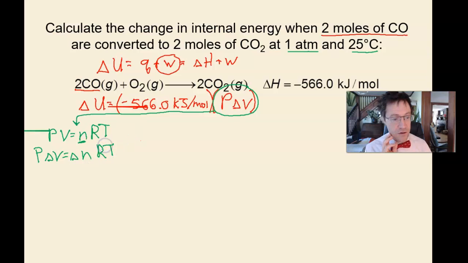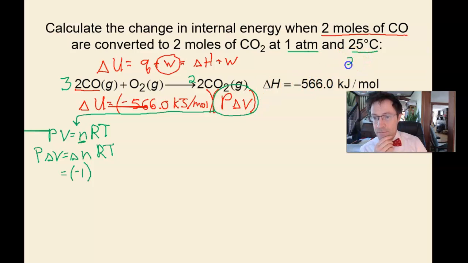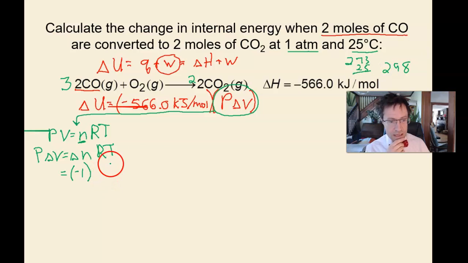There's my R, there's my T. So in this case, my change in moles, I have 2 here, I have 3 moles here, and here I have 2. So it's going to be -1, right? My T is going to be 298.